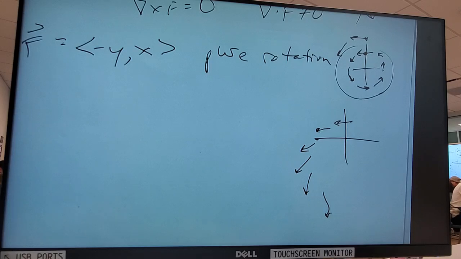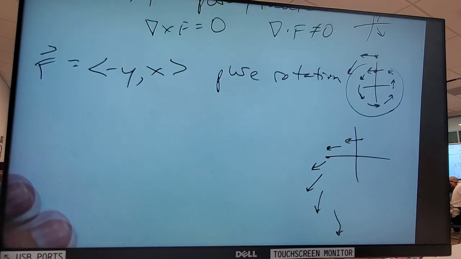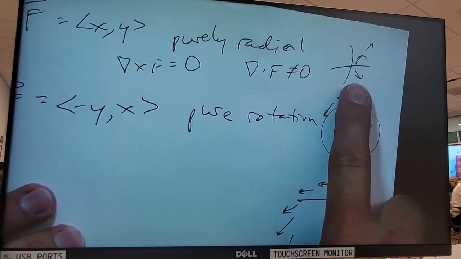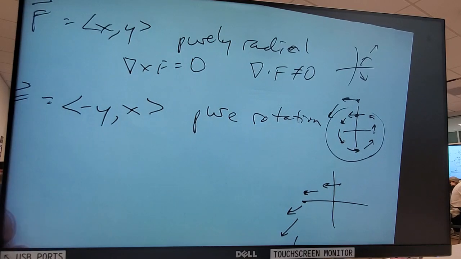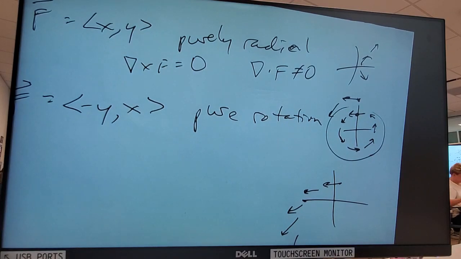I want you to understand, the two examples I focused on were extreme examples, just to show you a situation where the curl is zero and the divergence isn't, or the divergence is zero and the curl isn't. A random vector field, neither one of those will be zero.